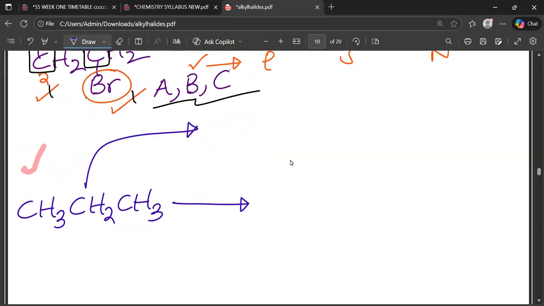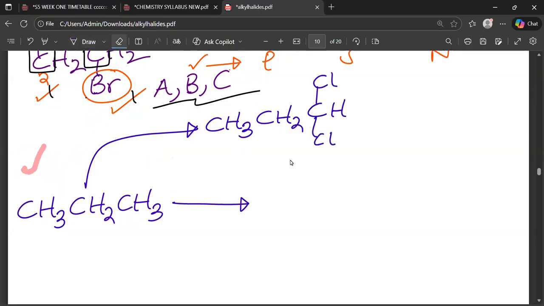Yes. So we can have replacements at the end. There are 3 hydrogens, so we can replace 2 of them and remain with 1 hydrogen. So this is H. This is Cl.